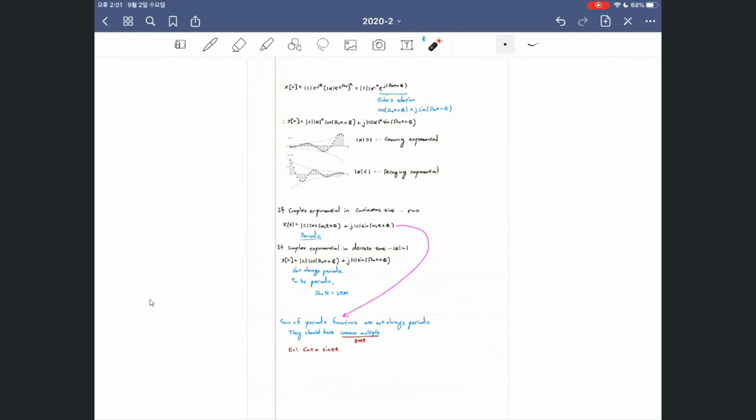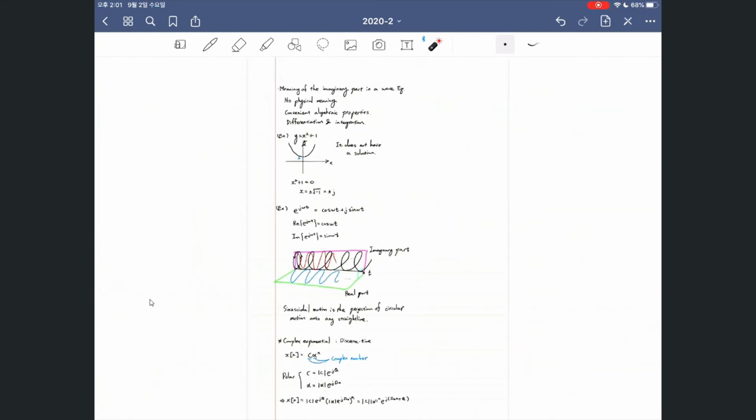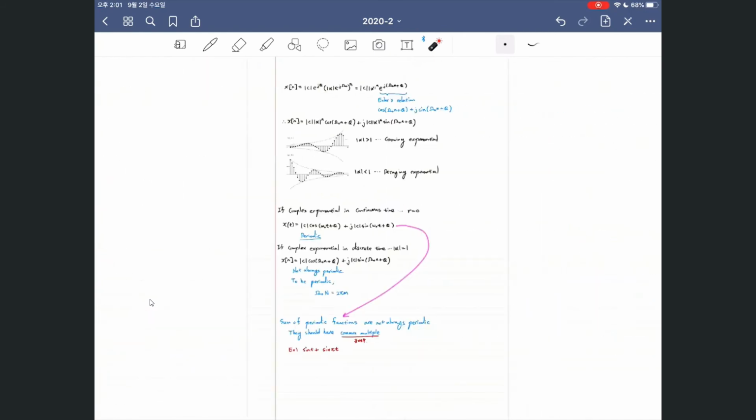So this was about the complex exponential, and more basic signals. This time we will first look at the discrete time and then move on to the continuous time.